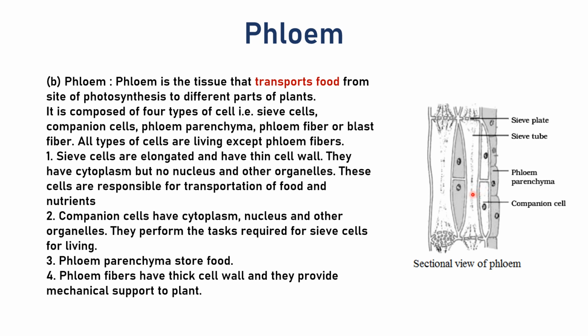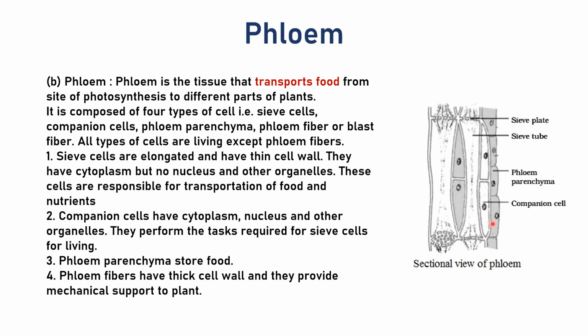Companion cells and sieve cells stay together throughout the lifespan, that is why the name companion is given, right? So most of the typical cell functions are done in companion cells, and the major function of the sieve cell is the transportation, in fact translocation, of food. Fine.